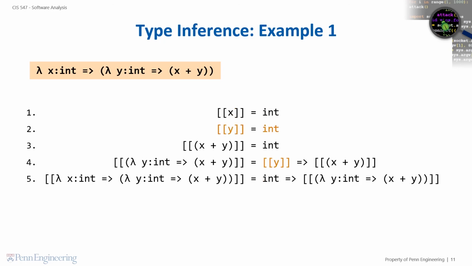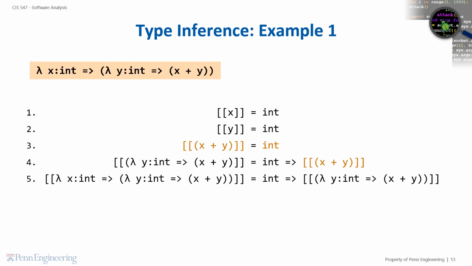Marching ahead, we next apply the substitution from constraint 2 to all the remaining constraints. Type of y only occurs in constraint 4. So, we substitute int for type of y in constraint 4 to obtain this.